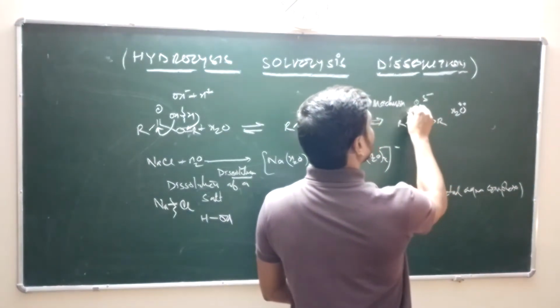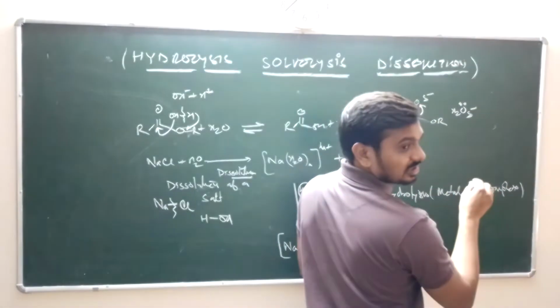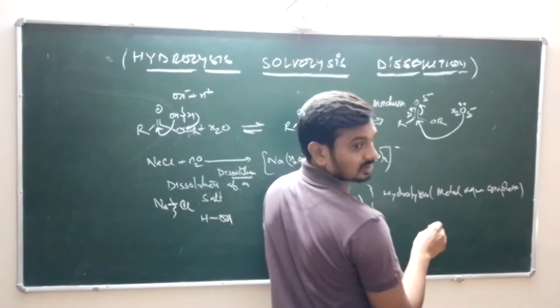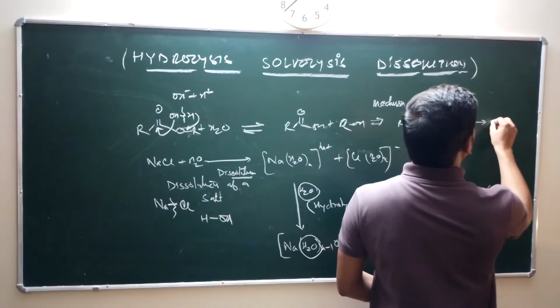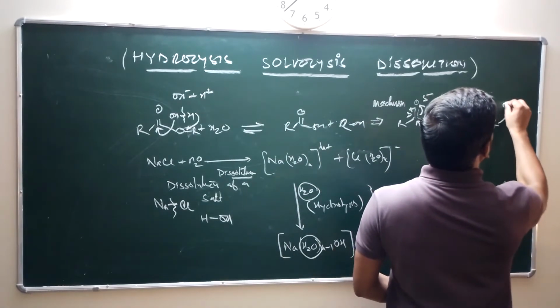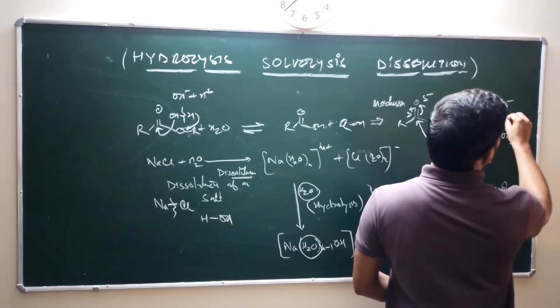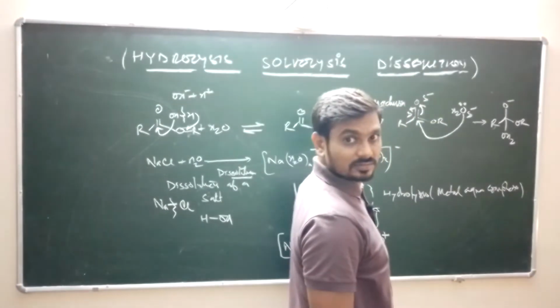Here it is delta positive. Oxygen also has delta negative. So this will attack this part, and resultantly this will move like O negative, and H2O and OR will get formed.